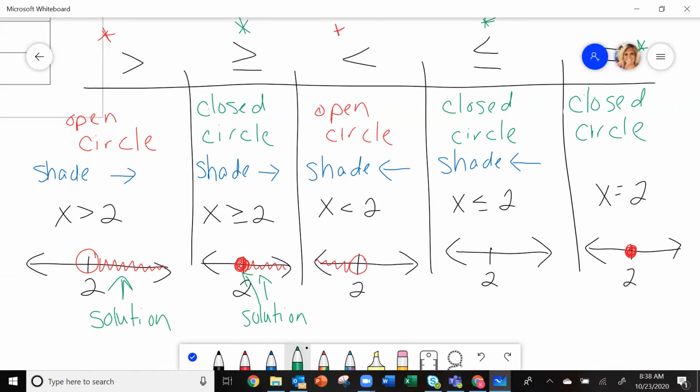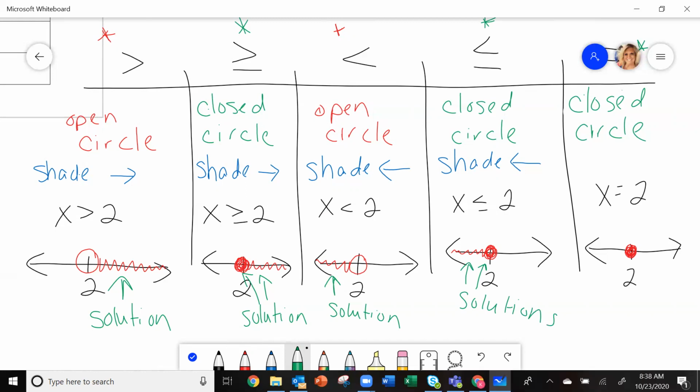Again, everything that is a solution is only in the shaded area. 2 is not a solution because it's not colored in. It's an open circle. Open circle means it is not part of the solution. If it was less than or equal to, that means a closed dot, and we shade to the left. That means all of the things in the shaded area and 2, all of those are solutions.